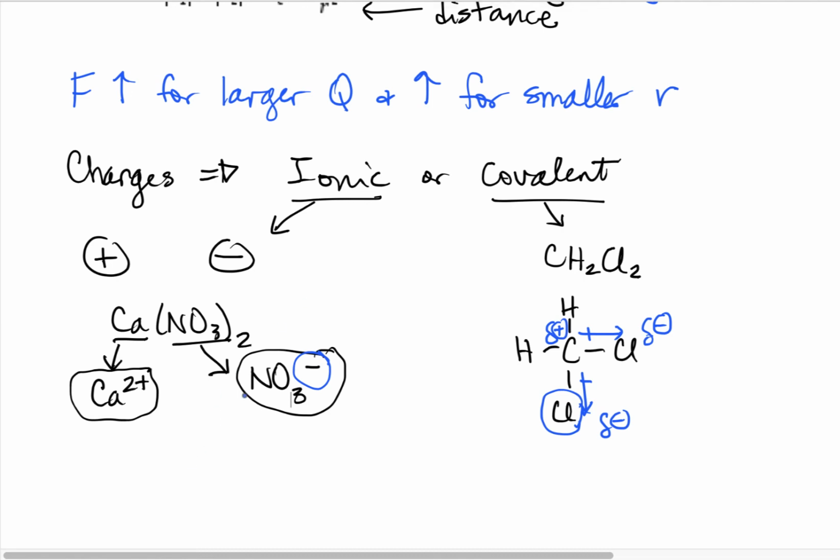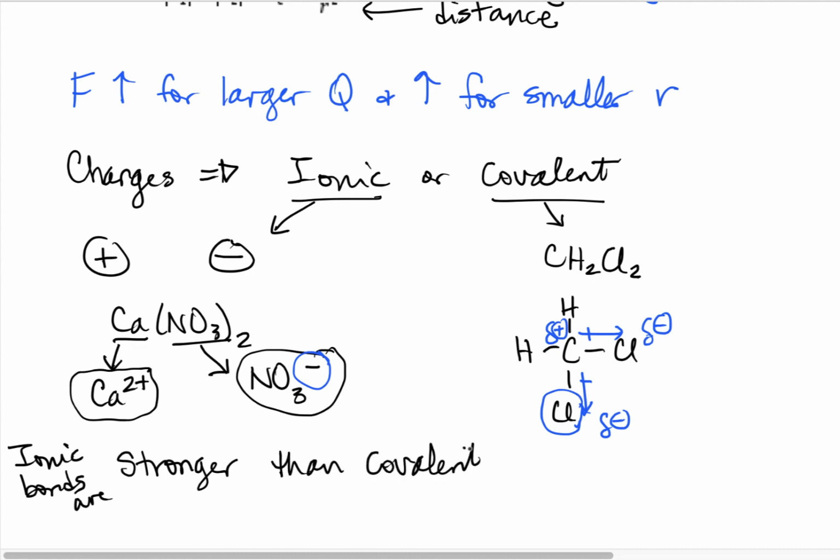So when we look at the strength of the interaction between these two, we can see that ionic charges, because they are full positive and negative, are going to be stronger. So my ionic bonds are stronger than covalent bonds in general. We might have a couple of exceptions.